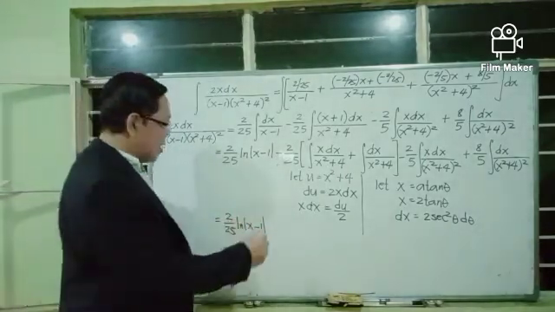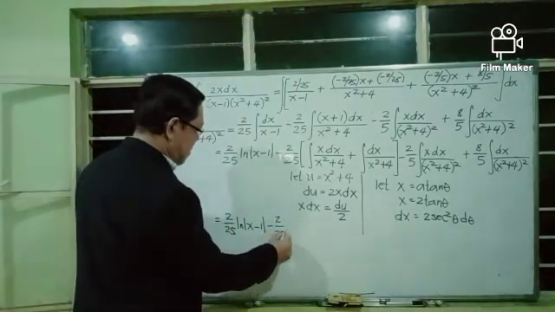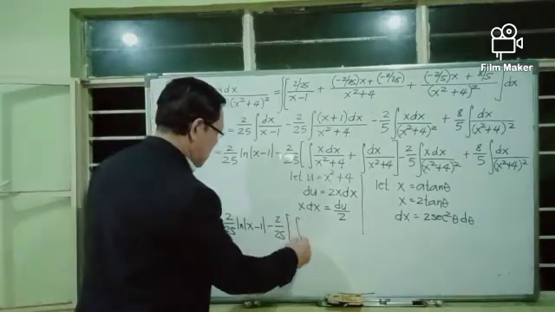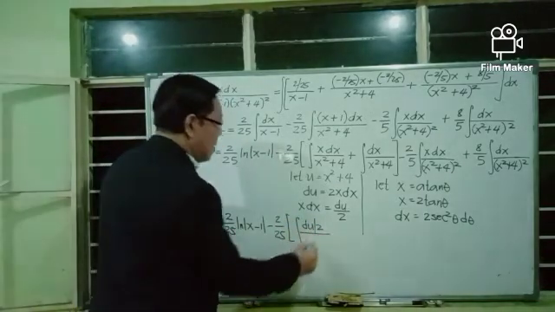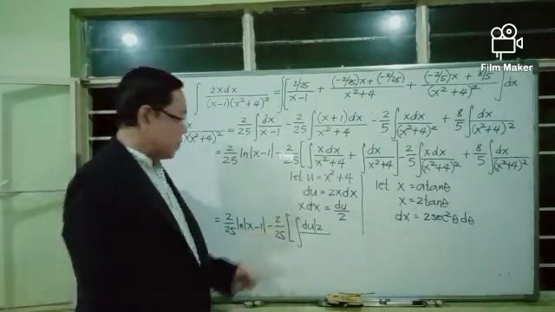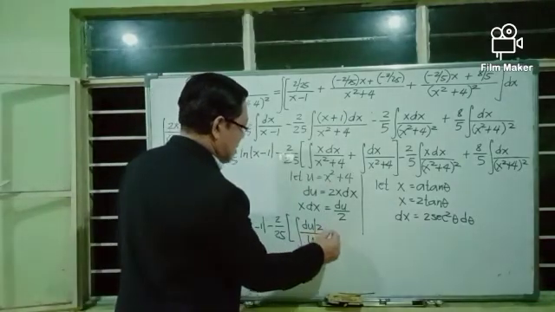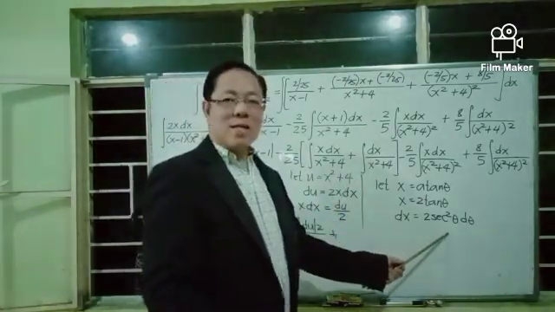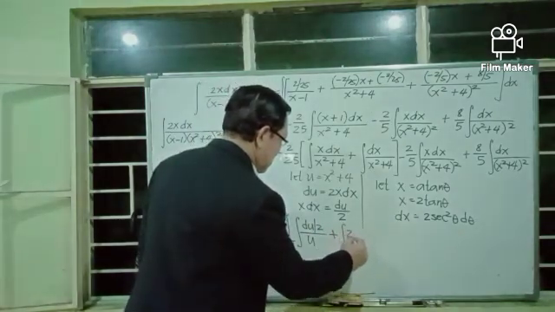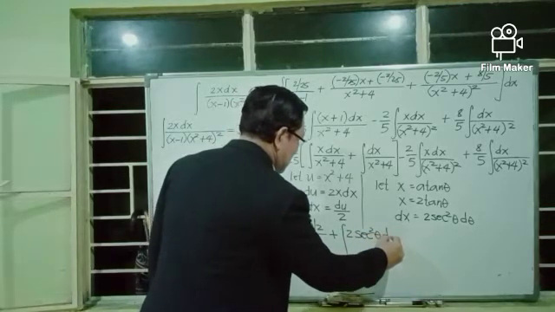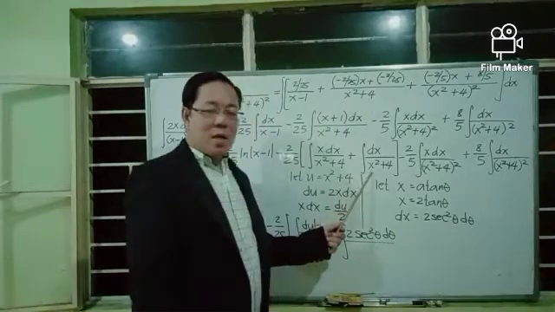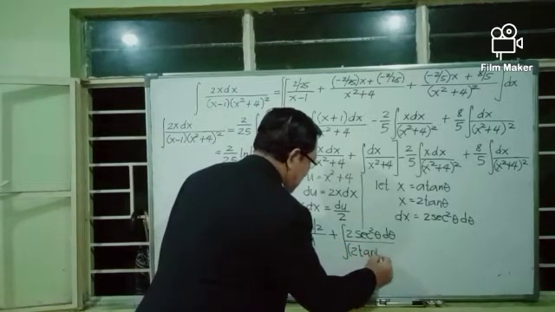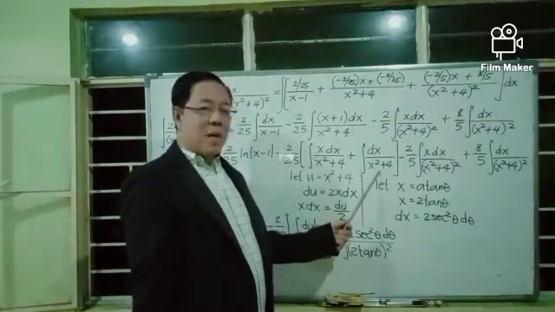We have minus 2 over 25 multiplied by the integral of x dx, which is du over 2, x squared plus 4 is u, plus the integral of dx, 2 secant squared theta d theta, divided by the square of x. x is 2 tangent theta, and square it plus 4.